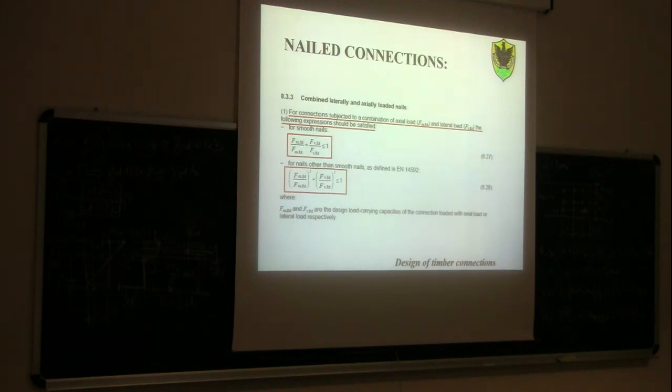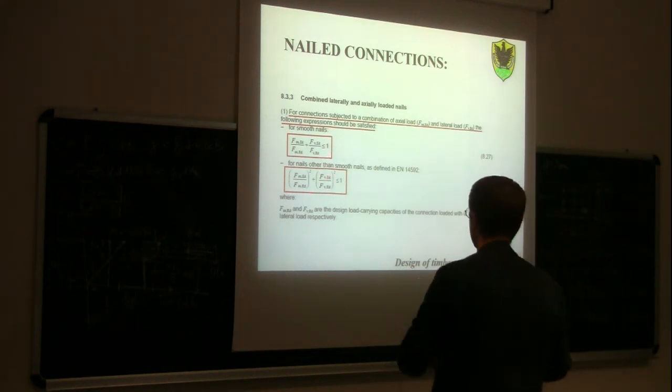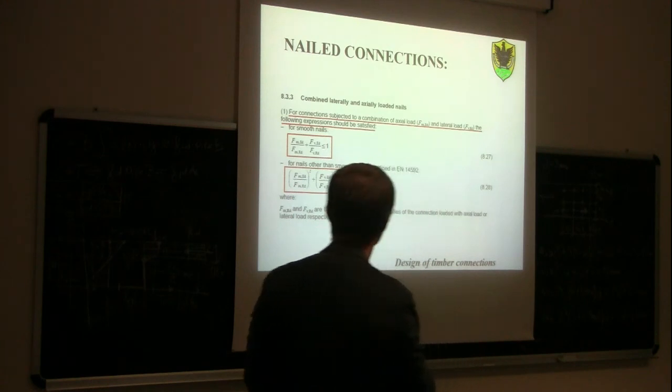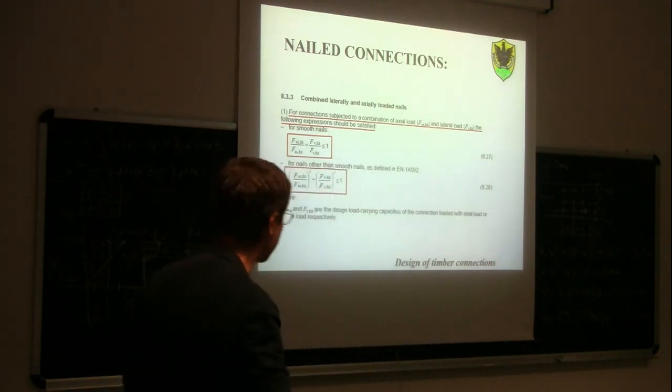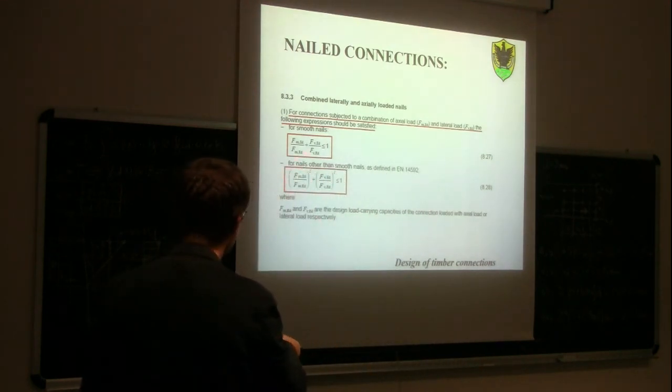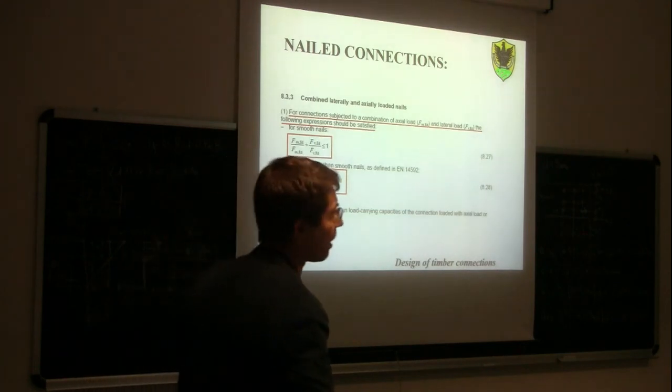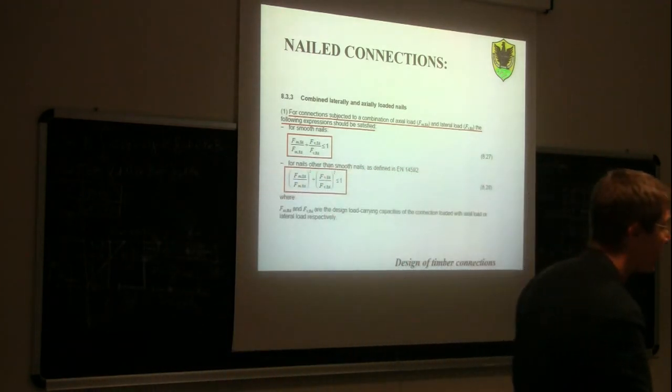The sum shall not exceed 1. Instead, if you have ring shank nails, then those ratios are taken to the power of 2. So we use a circular or quadratic interaction criterion. Okay?